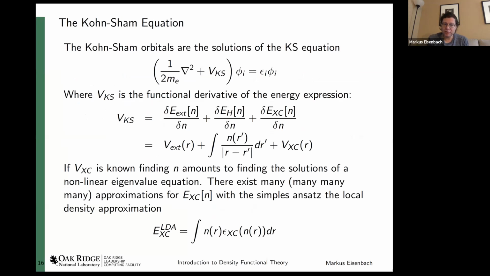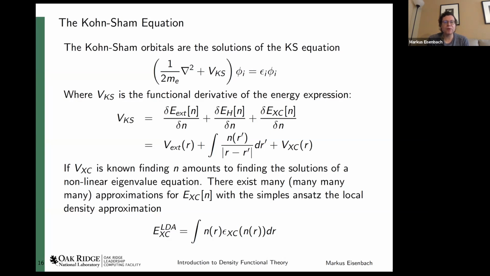And I'm not going through the derivation of the Kohn-Sham orbitals, but basically you're constructing an Euler-Lagrange equation that satisfies the condition, and you arrive at the end at something that looks, for all intents and purposes, like a one electron Schrödinger equation. So we have the kinetic energy term, and then this Kohn-Sham potential term.